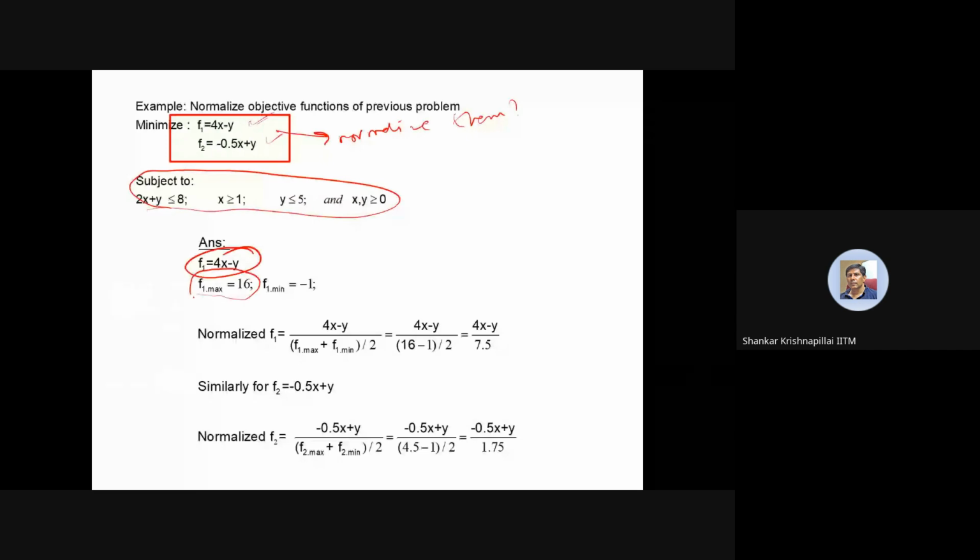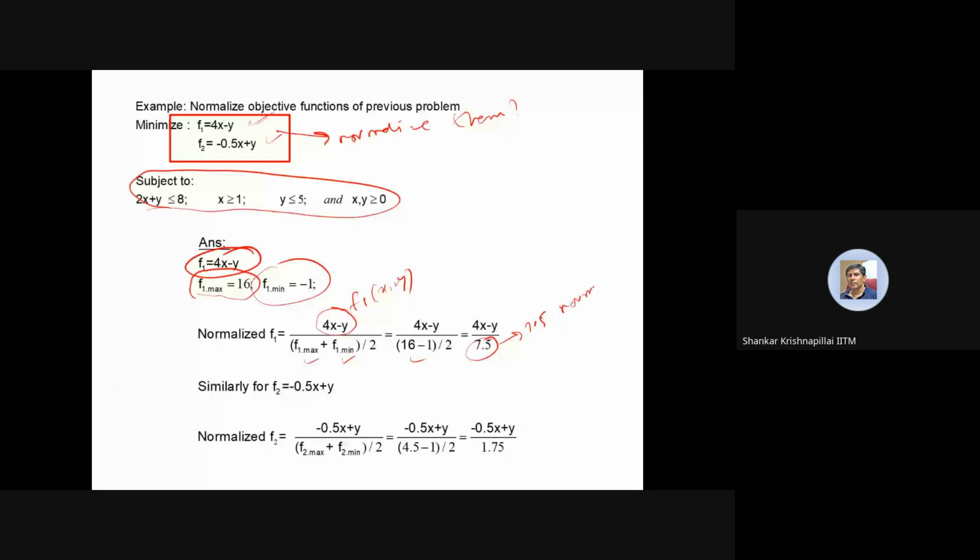So the normalized value of the objective function is f1 of x,y divided by (maximum value plus minimum value) by 2. So 16 minus 1 by 2, so (4x minus y) divided by 7.5. So 7.5 is the normalizing factor.